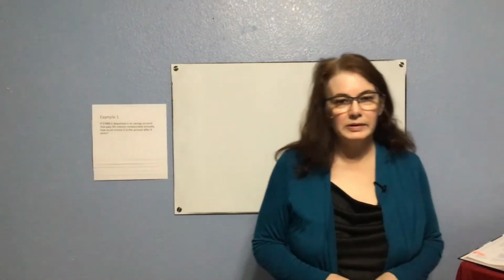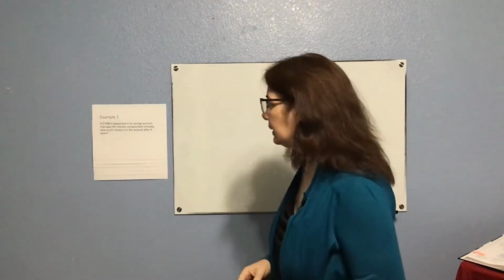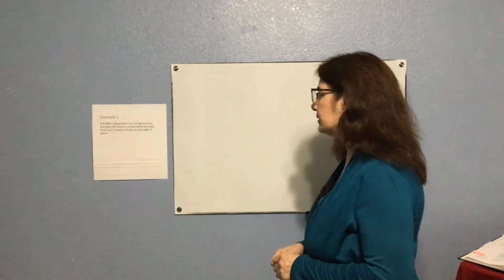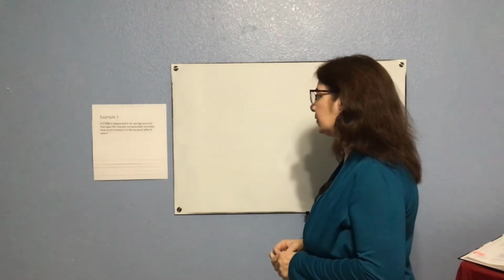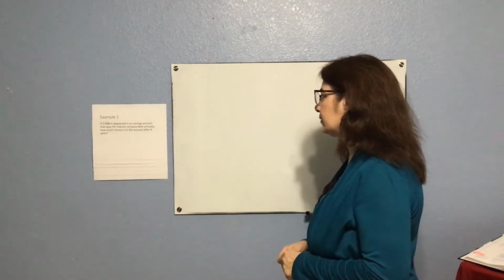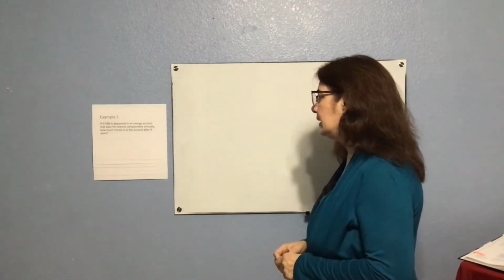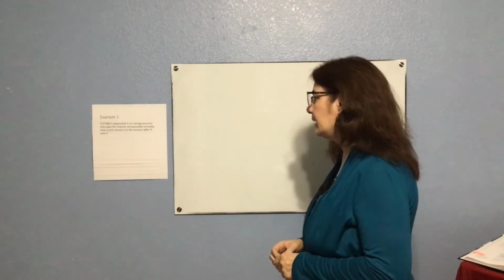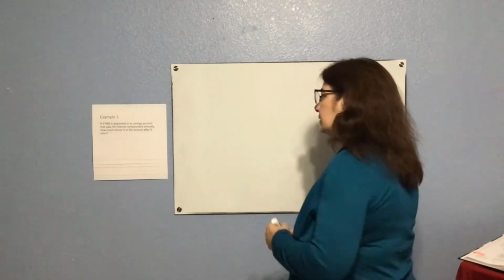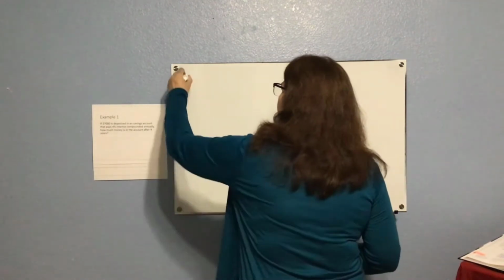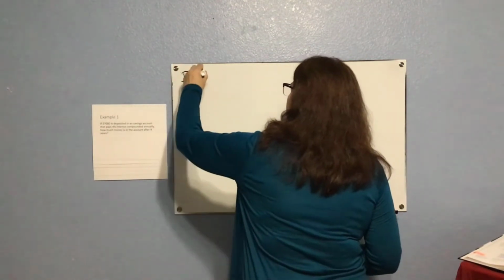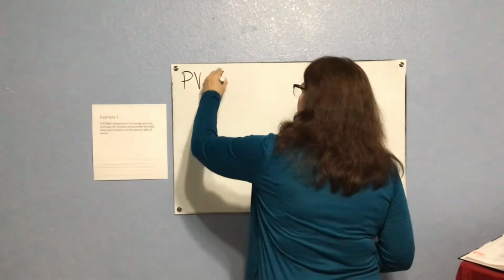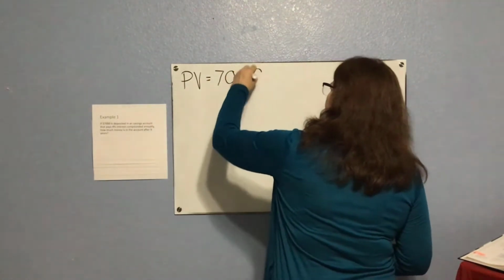Okay, let's get started with some examples. If $7,000 is deposited in a savings account that pays 4% interest compounded annually, how much money is in the account after 9 years? So our present value is $7,000.